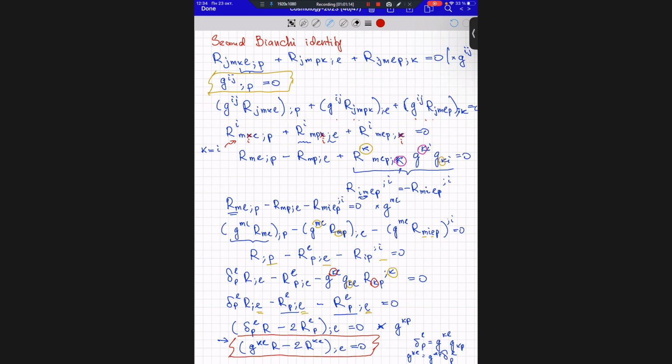It's better to do the procedure step by step with all the identities, because, for example, here we multiply all summands by the metric tensor, so you need to keep the same indexes like this.